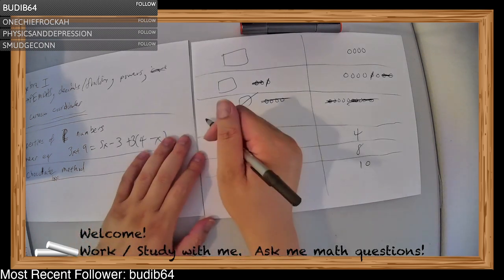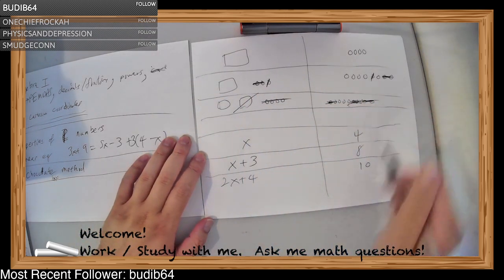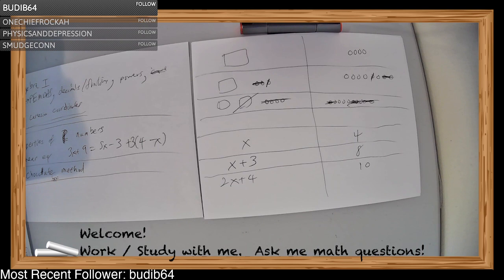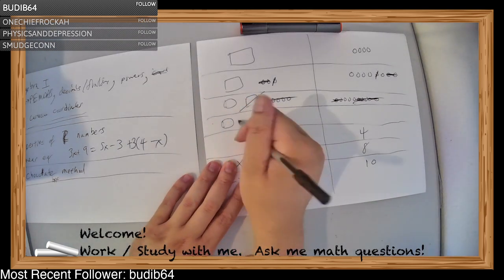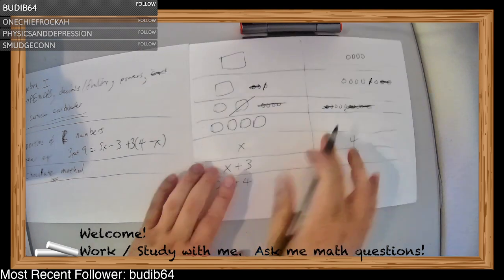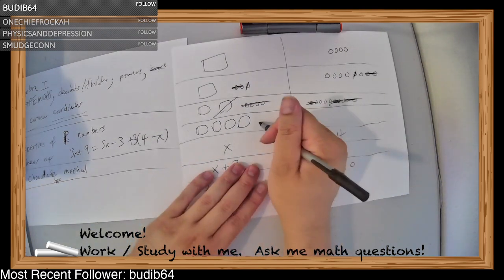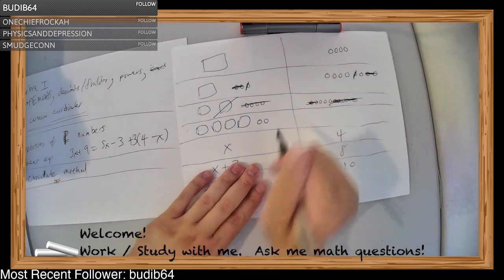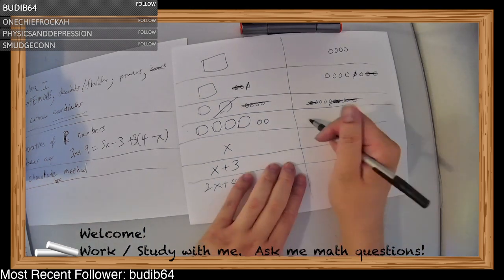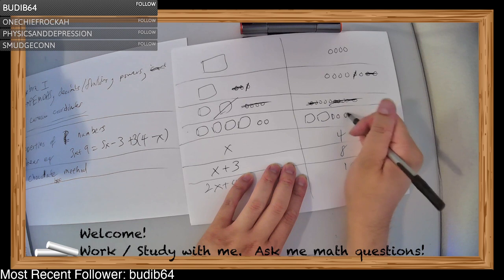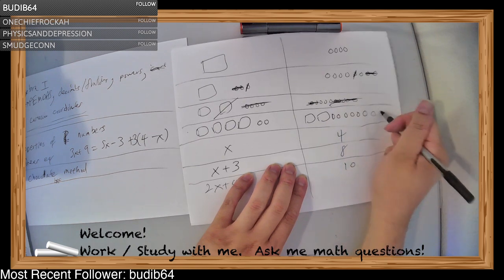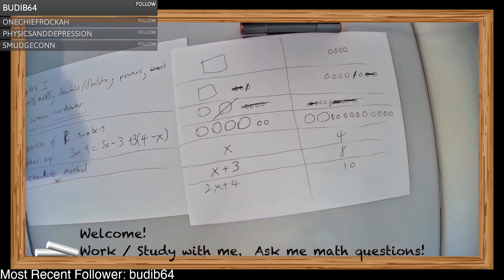Okay, so the final one before we get to parentheses, which is a whole new thing, is this. I have, let's say, 1, 2, 3, 4 boxes on this side. Let's say we have 2 chocolates. On the other side, we have 2 boxes and 10 chocolates.